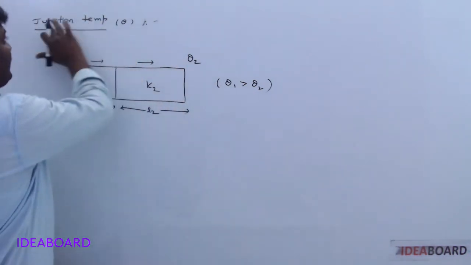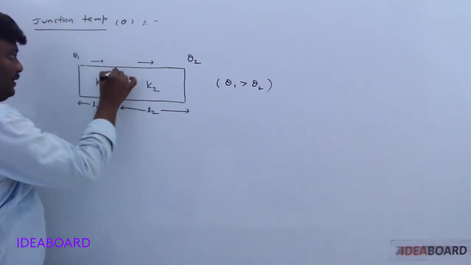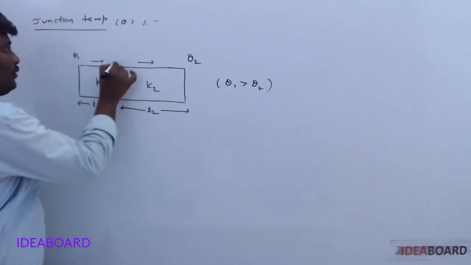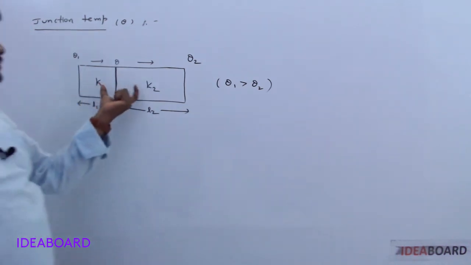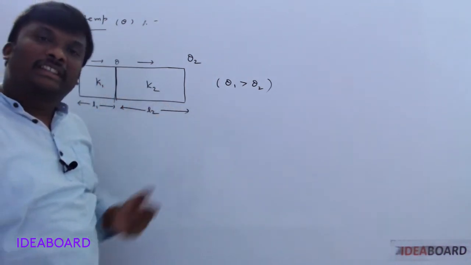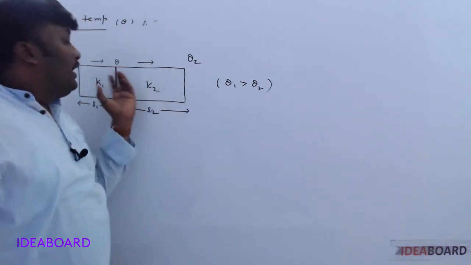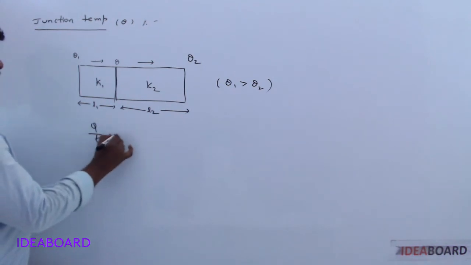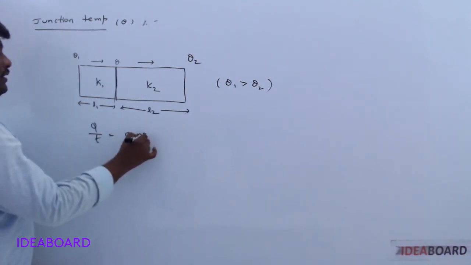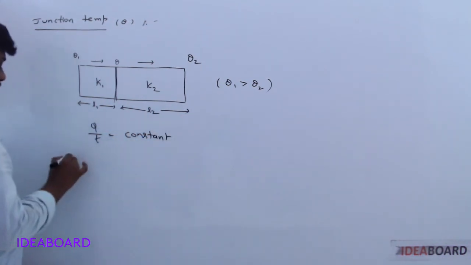Now they ask about junction temperature. Junction means this one. So let the temperature be taken as theta. This is a series combination. In series combination, the rate of flow of heat always remains constant. So Q by T is always constant for all the slabs.